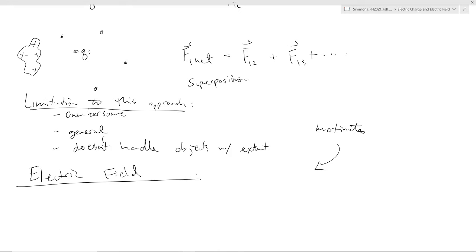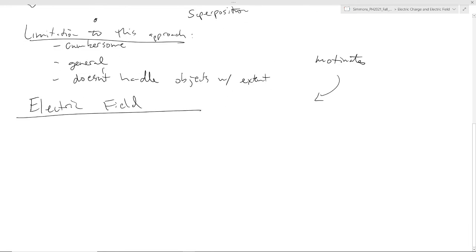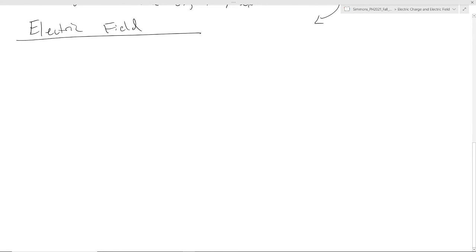So the electric field, what is that exactly? Well, the simple definition is just that the electric field is the electric force per unit charge. You've encountered something like this before potentially in 2011. It's similar to the gravitational field, which you may have talked about in 2011.